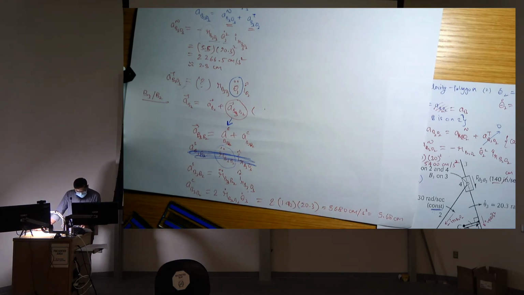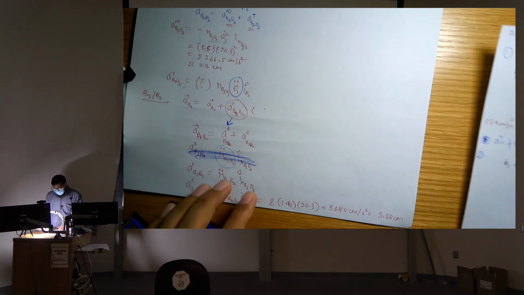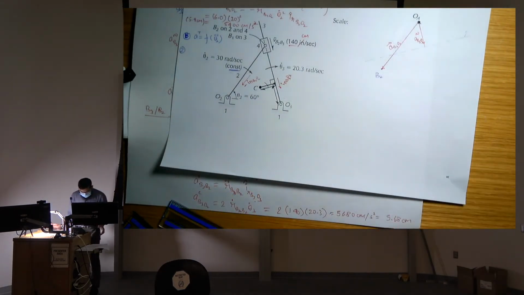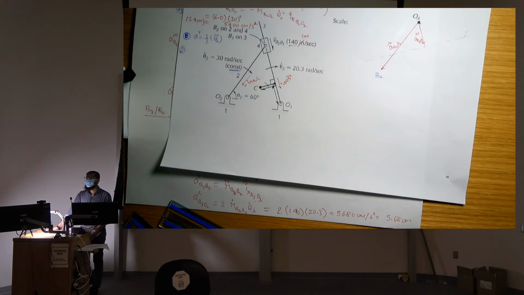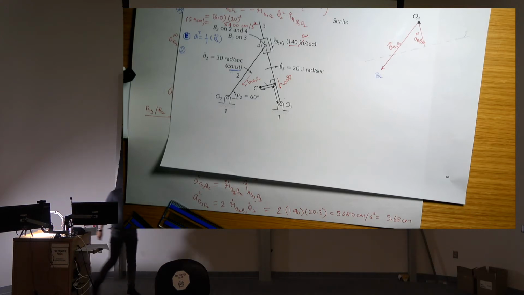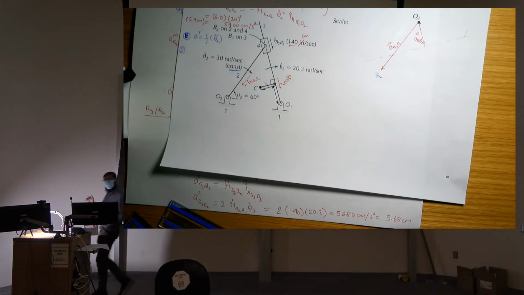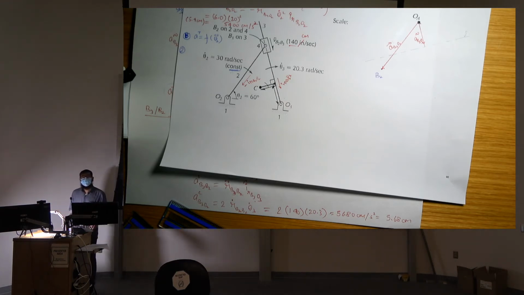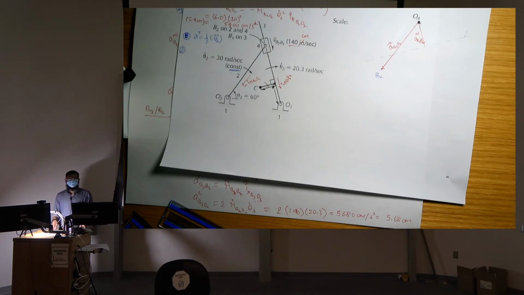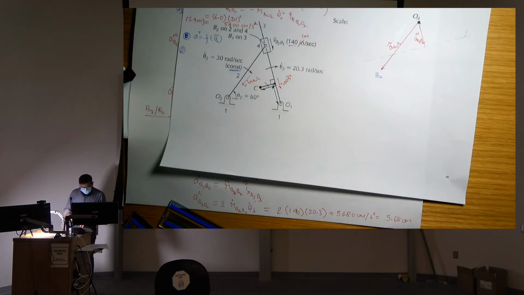Where would be the direction of this one? Coriolis's component direction. Anybody would like to take a guess? Just take some time. Yeah, it would be perpendicular to 3 only, but which way? Towards the down to the left, yeah.